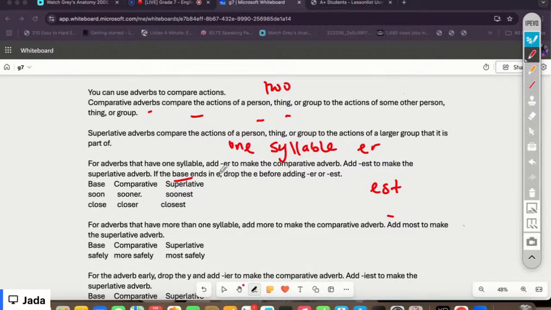If the base ends in E, drop the E before adding ER or EST. So the base is soon, then we have sooner with ER because it's comparative, and soonest. So you see EST. Then we have close. Remember that it ends with E, so you drop it and put in ER, EST. So closer and closest.